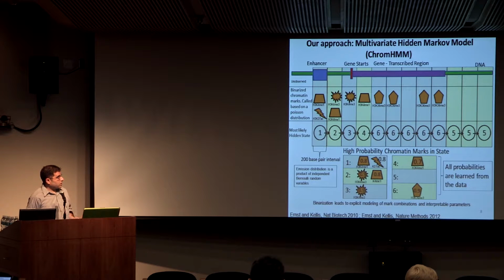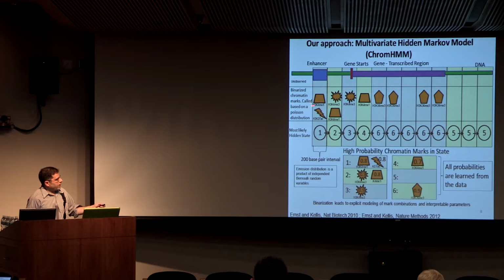The underlying model for this is a multivariate hidden Markov model. We assume that there are different classes of biological elements, such as enhancers, gene starts, and so forth, that we don't directly observe, and we don't need to know beforehand exactly what these types of elements are.